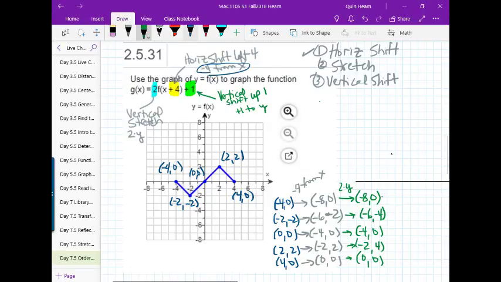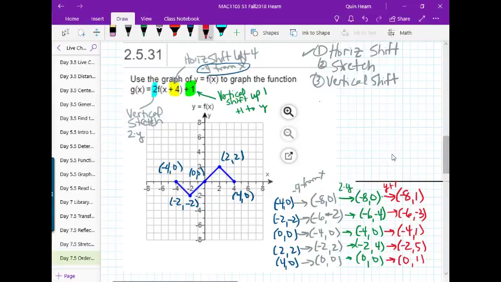So we're going to take every y value and we're going to add 1 to it. Okay, so (-8, 1), (-6, -3), (-4, 1), (-2, 5), and (0, 1).